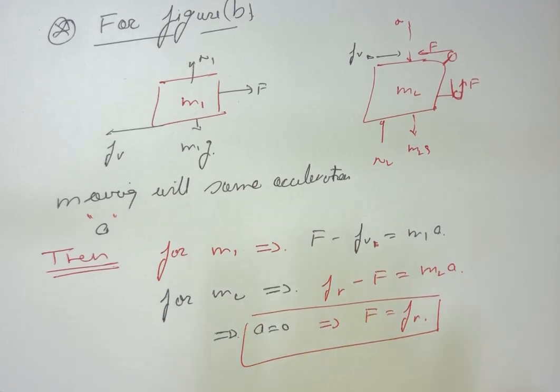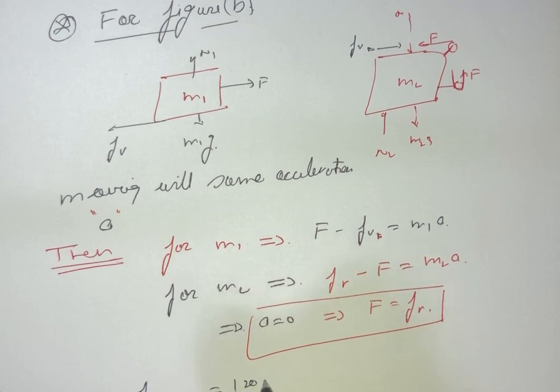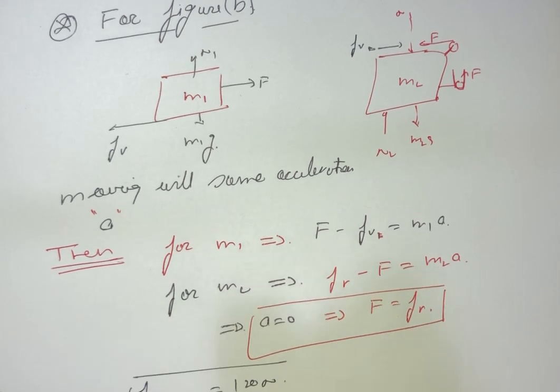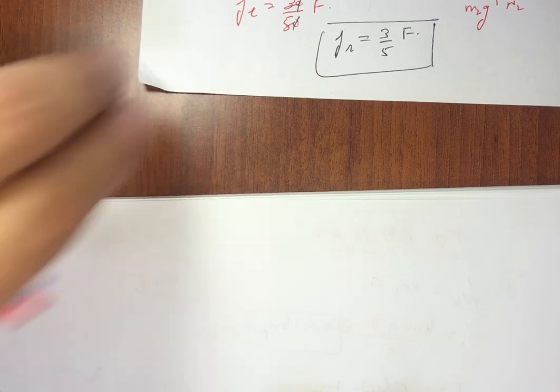Now the maximum value, we already calculated that Fr max is equal to 120 Newton. We already know this value. It is asked that the value of the force is 180 Newton.